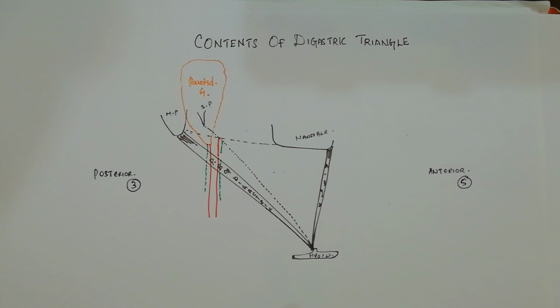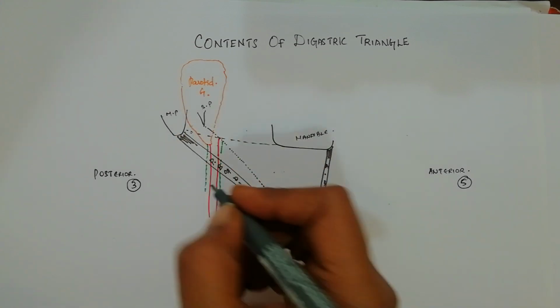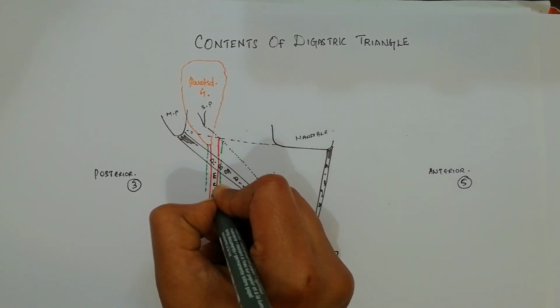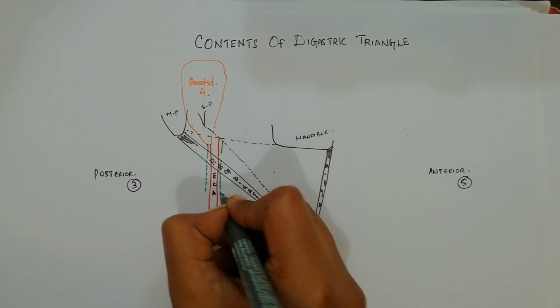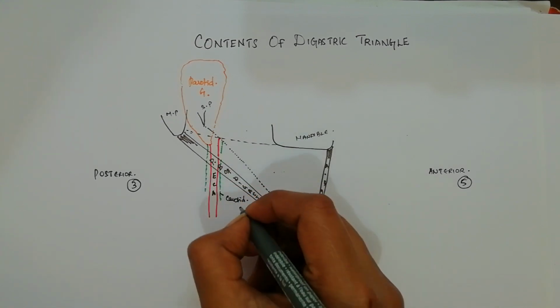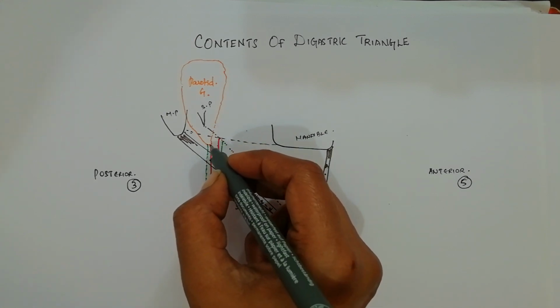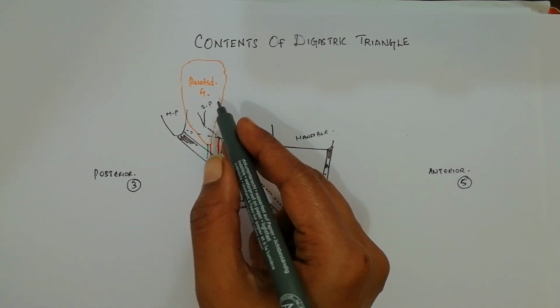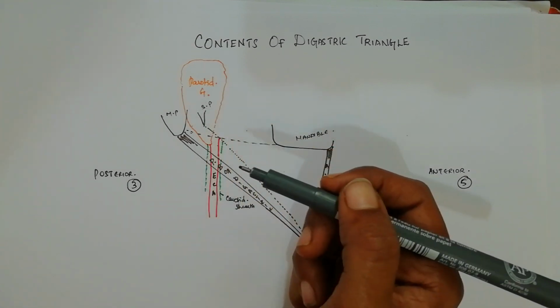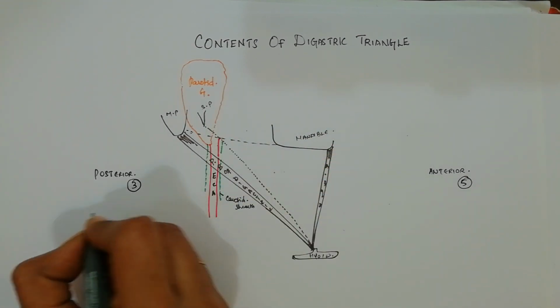So we have got 3 contents present in the posterior aspect of the digastric triangle. One is the parotid gland, and this is the external carotid artery, and this is the carotid sheath which is covering the external carotid artery. After reaching the parotid gland, the external carotid artery is going to pierce and go inside the parotid gland.